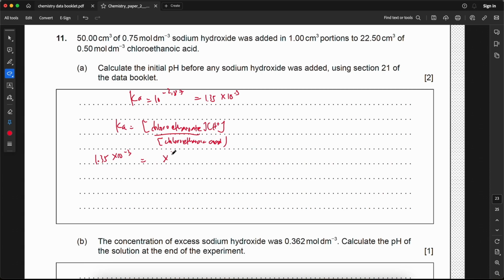Let's just say x squared, and we know the concentration of chloroethanoic acid, which is 0.5.